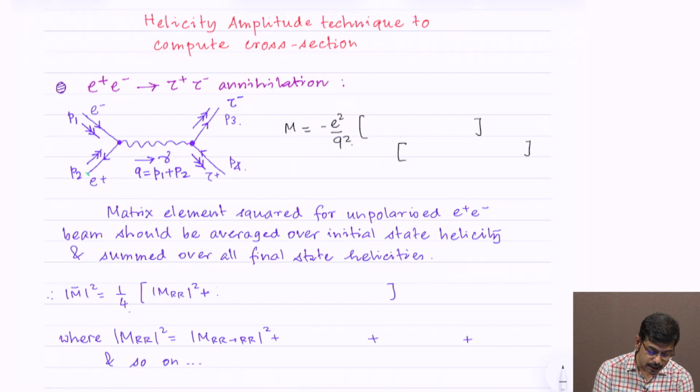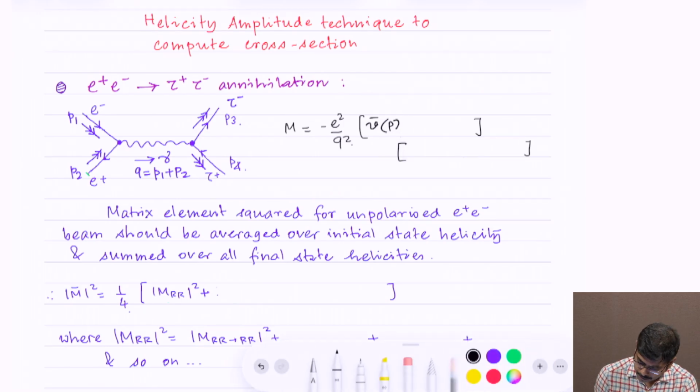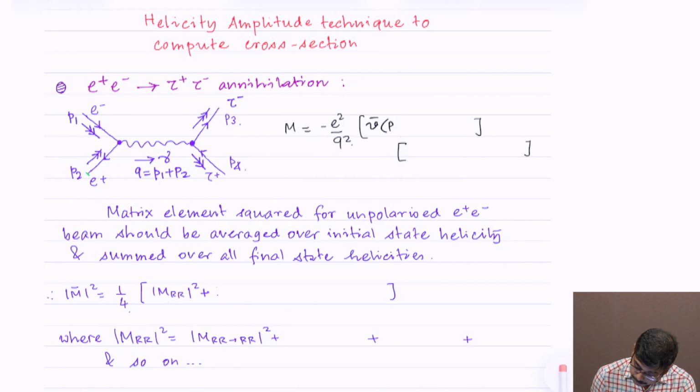You have an initial state positron, which will be defined by v bar of P2, gamma mu, and the initial state electron, an annihilating particle, will be given by the spinor u of P1, correct.